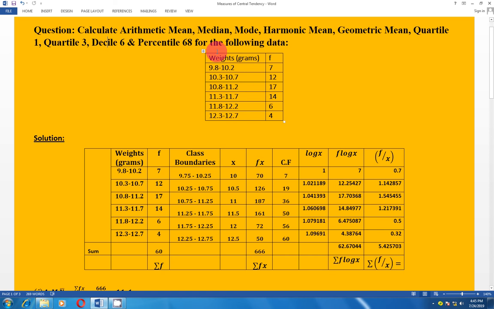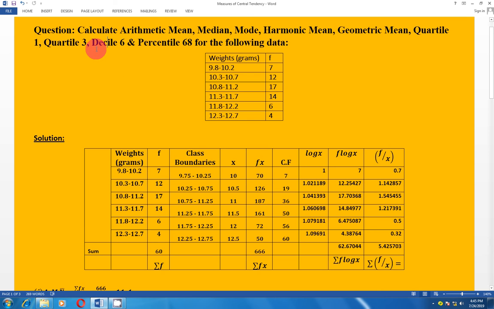So it is a question of grouped data, and now we are going to calculate 5 different types of averages: arithmetic mean, median, mode, harmonic mean, geometric mean, and after that we will calculate the quartiles, deciles, and percentiles. Quartile is simply the division of data into 4 equal parts.